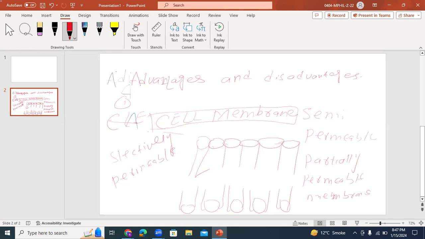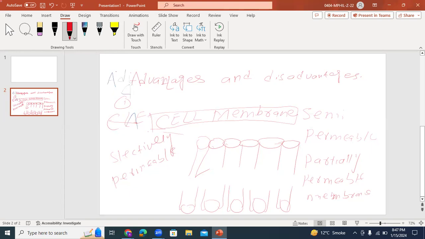So if you have any charged molecule or charged substance, it will not be able to pass this structure because this phospholipid will not allow it. A charged molecule will be restricted by this cell membrane. It's like the fence that we commonly use as a boundary around any specific area.